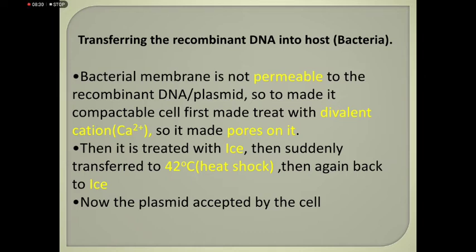Here we use calcium cation. This divalent cation makes pores in it. Then it is treated with ice, then suddenly transferred to 42 degrees Celsius, called heat shock, then again back to ice. That makes a shocking nature, so that at a time, this plasmid is taken up by the cell.